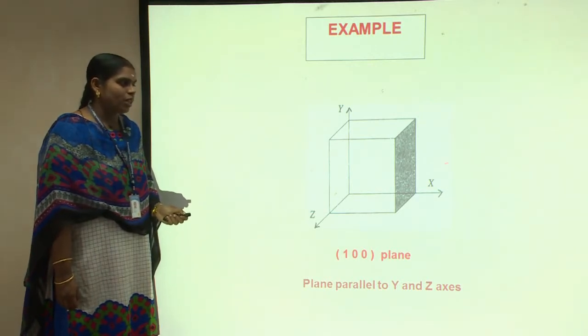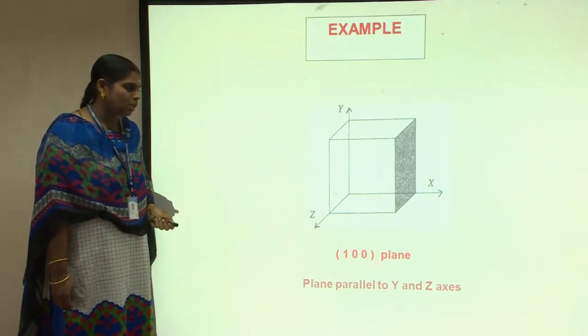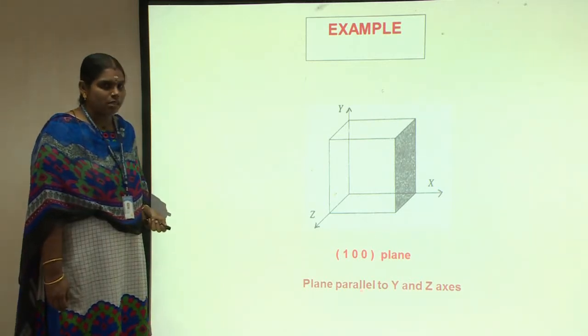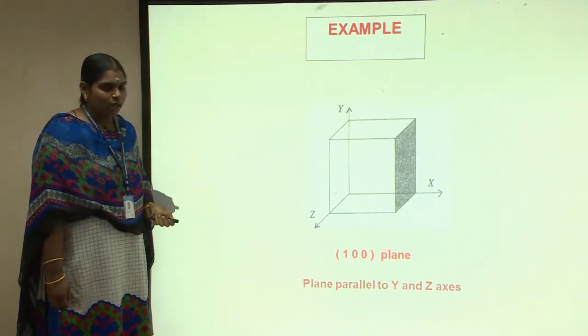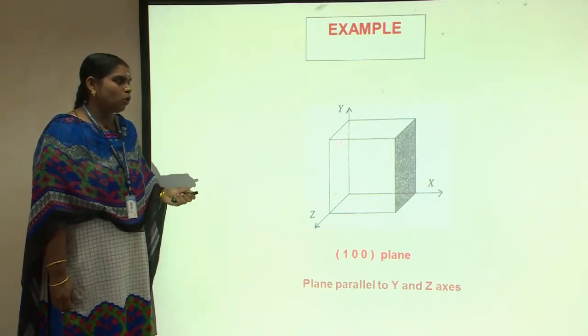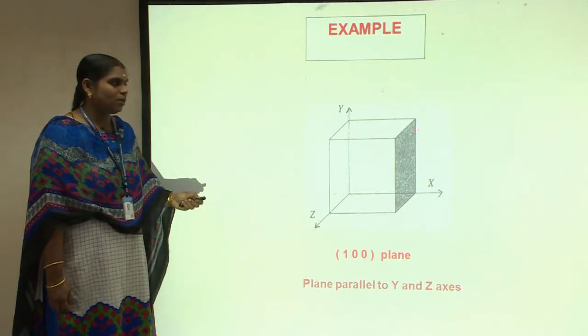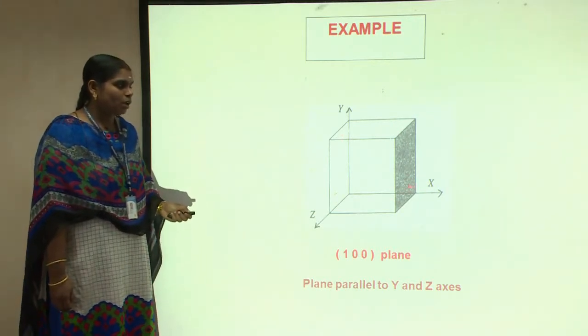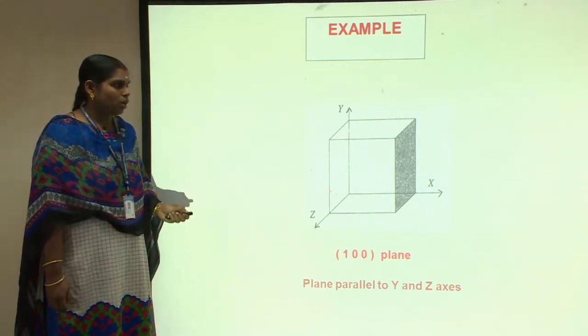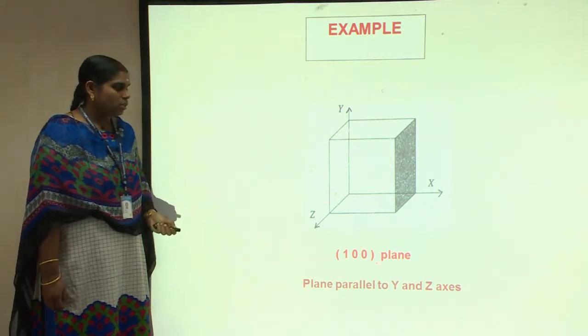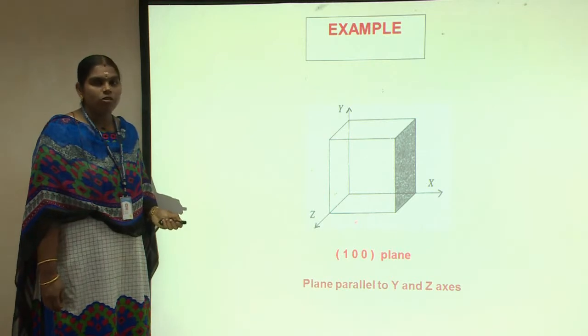First we have to find the intercept. How to find the intercepts? First we take the Miller indices, find the reciprocal of the Miller indices, multiply with the LCD, and what we get is the intercept. Plot it and we get the plane. So this is the first important feature: any plane parallel to a crystallographic axis has its intercept on that axis as infinity.